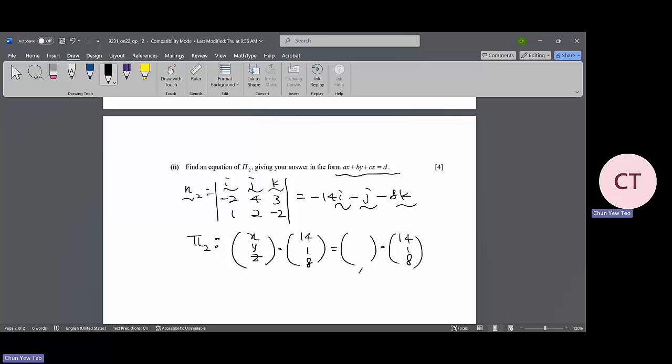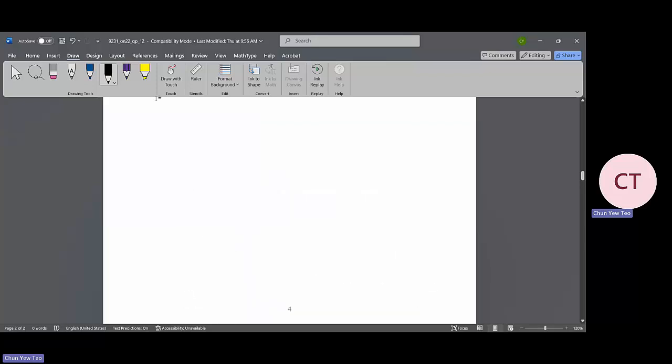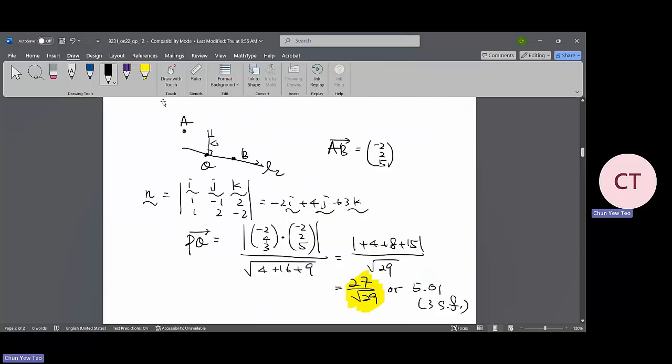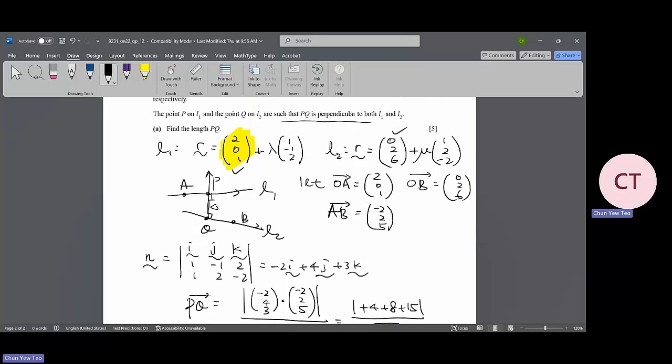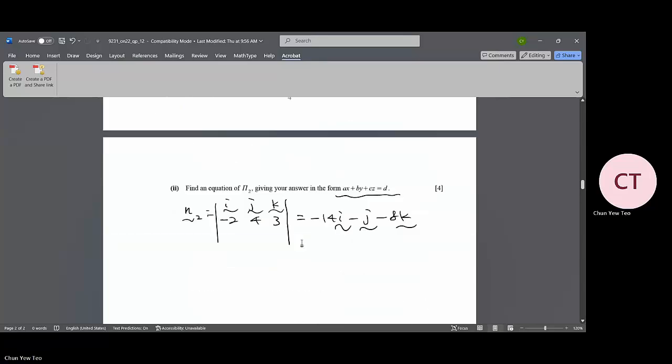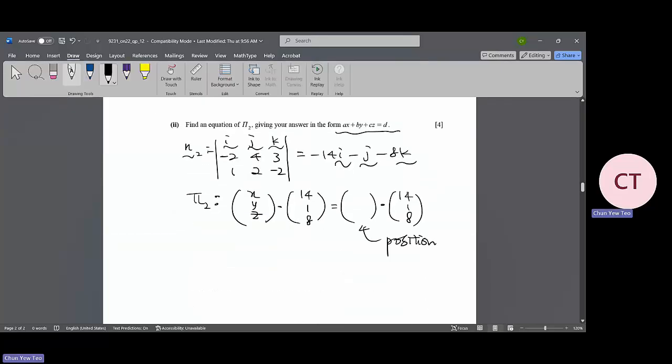This is a fixed point position vector, the position vector for the line L2. The point over here will be (0, 2, 6). So we put here (0, 2, 6).